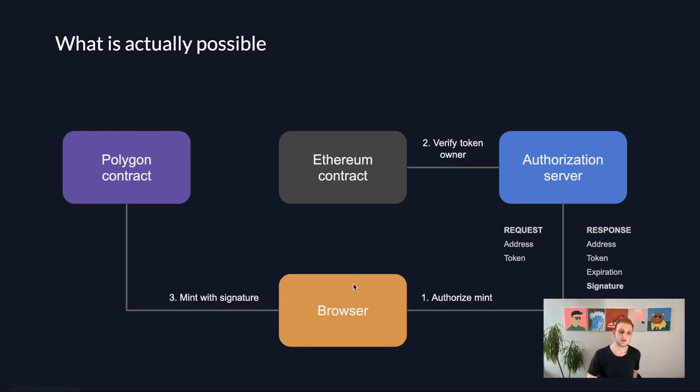So the flow now looks like this: a user logs in with the wallet in the web client, and from the web client it will then make an authorization request to the authorization server. That request contains the address of the authenticated user and the token ID they're trying to mint. The server will then check in with Ethereum and ask, hey, who is the current owner of this token ID?